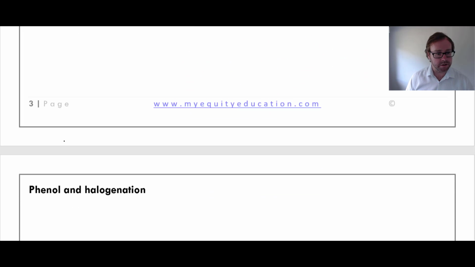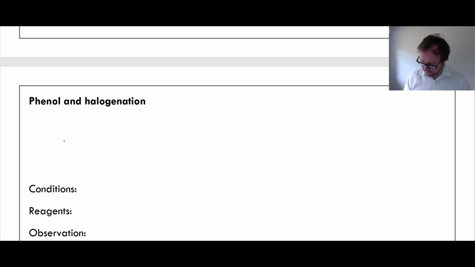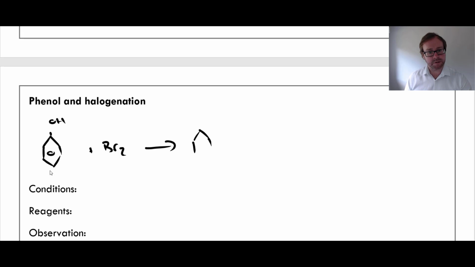Okay, moving on. So, phenol and halogenation. Okay, so what happens is that we are talking about reactions involving the ring, and it's an electrophilic substitution reaction, exactly the same as what happens mechanism-wise with benzene. However, because phenol is more reactive, we get multiple substitutions to produce this.